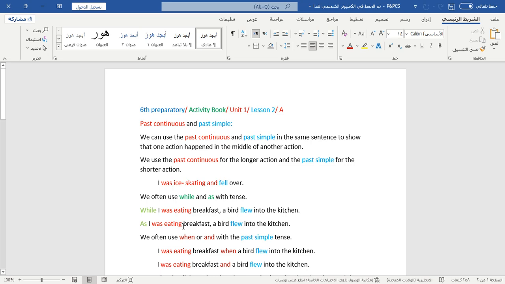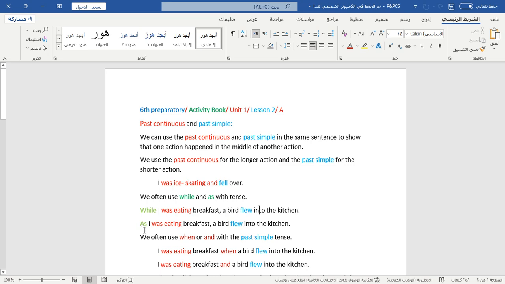I was eating, I was continuing my breakfast, and during that action, a bird flew into the kitchen. Oh my God, what a beautiful bird. Welcome, bird. I love you so much. Okay? A bird flew into the kitchen. It's the second part of the sentence.